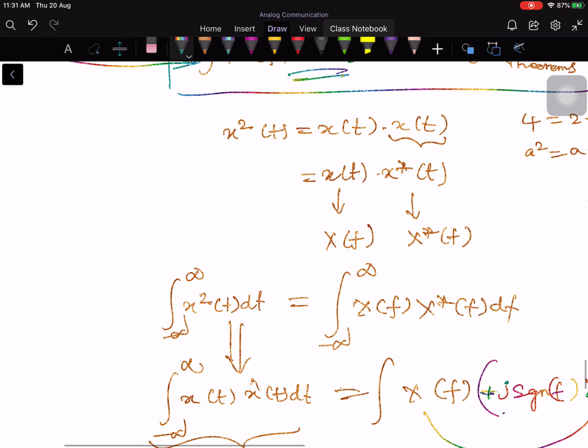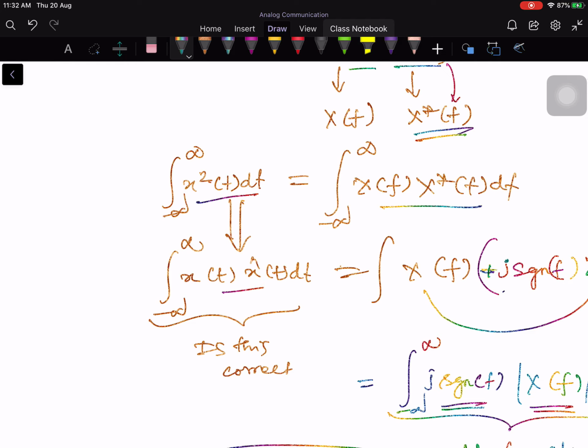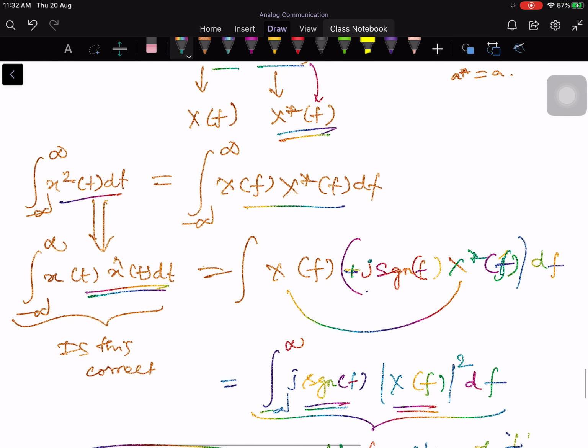Okay, x square of t I can write like this, x of t into x star of t. If you have x star of t, then in the frequency domain it is x conjugate of f. In case you have the Hilbert transform of x, then in the frequency domain also you have to take the Hilbert transform. That Hilbert transform is j times signum of f times x conjugate of f.